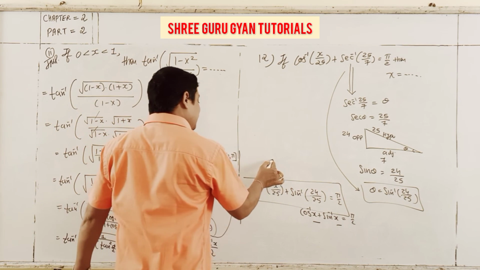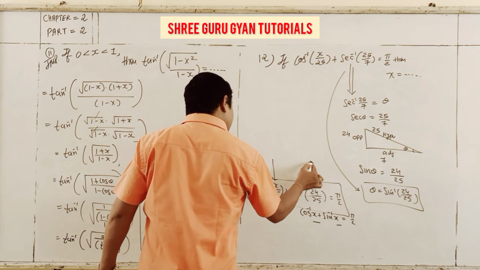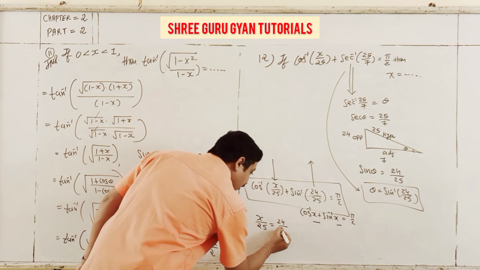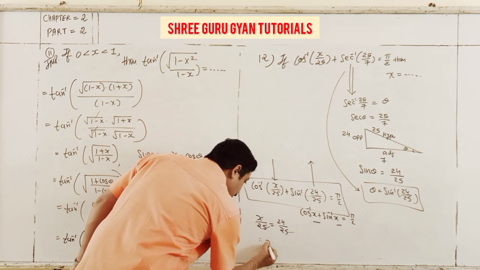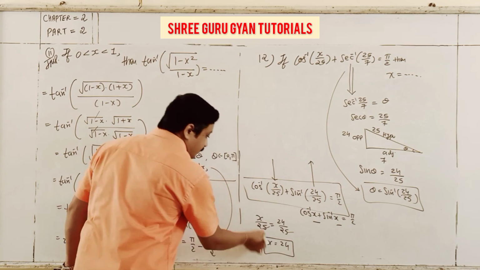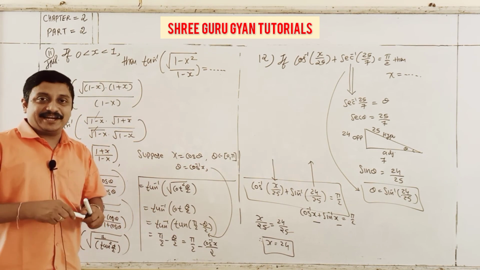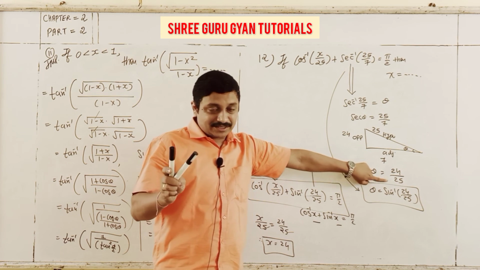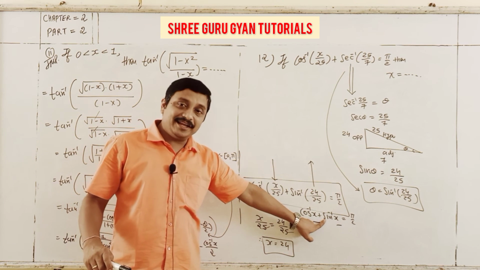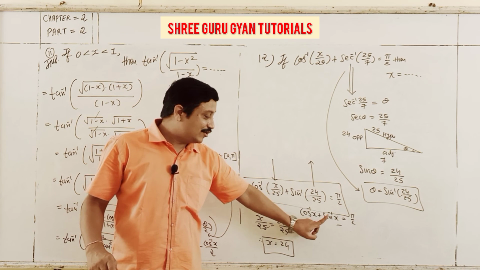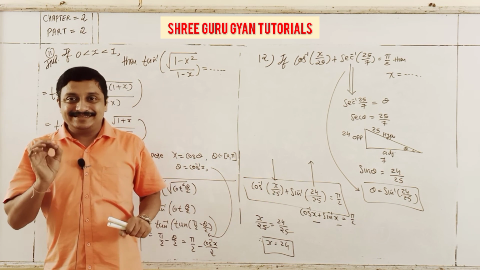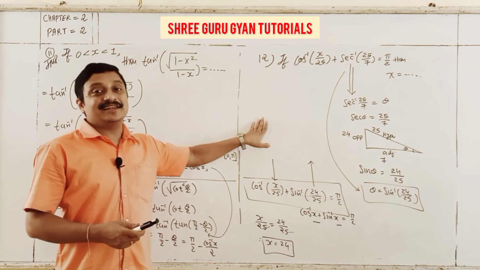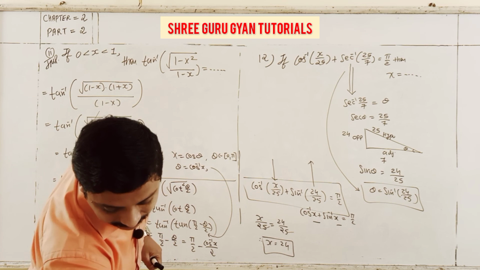So here also this x and that angle are the same. x by 25 equals 24 by 25, 25 gone, only x is 24. That's your answer. I again repeat, why did I convert into sine form? Because I know this property and operate by this rule: cos inverse x plus sin inverse x is equal to pi by 2, and students, this numerical is easily done here.